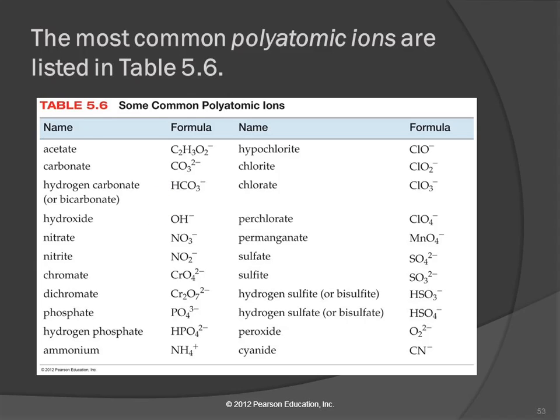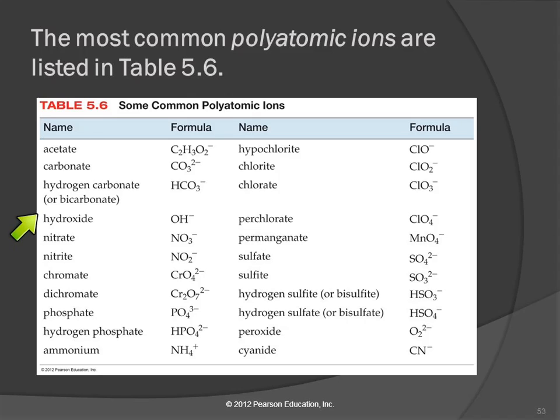Hydrogen's weird. Hydrogen's over here in group 1A with the metals, even though he's a nonmetal. If he forms an ion and he's in group 1A, what charge will he have? +1. So hydrogen carbonate is carbonate with an H plus ion on it, and so its charge is different than the carbonate by 1.